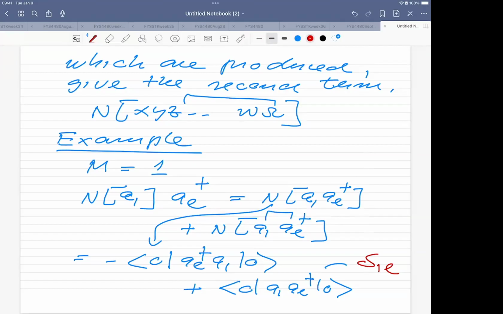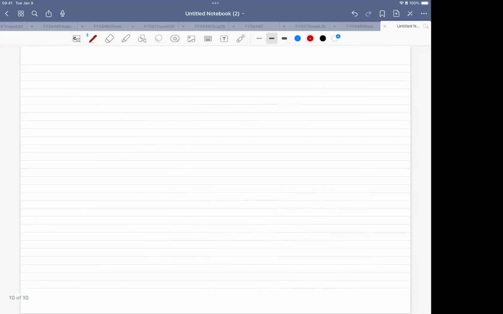So it's pretty easy to see that this applies as well for more than just one operator. If we take the case with m equal to 2, let's suppose now that we have this chain here of A1, AL. What happens when I now add an operator to the right here?